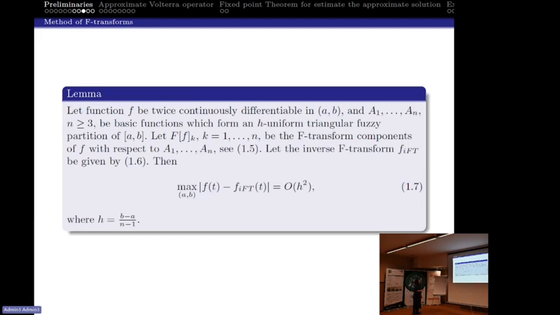And this is the important lemma: the distance between the original function and the inverse fuzzy transform function would be O of h squared, with h like this.